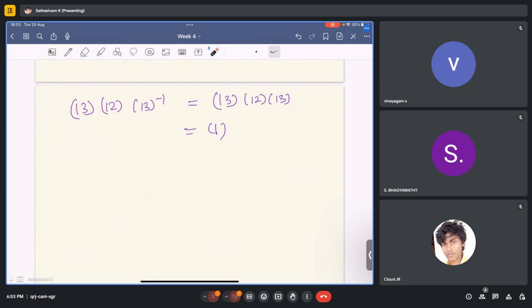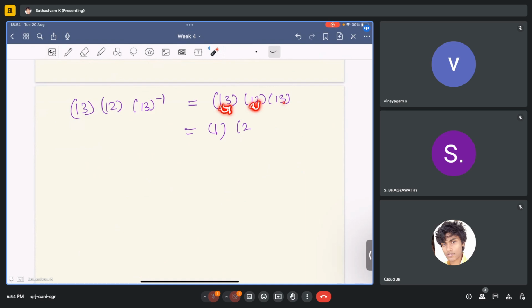Now let's see what happens to 2. Here 2 is fixed. When the 2 is not written, that means 2 is fixed. So 2 goes to 1 here, and then 1 goes to 3.